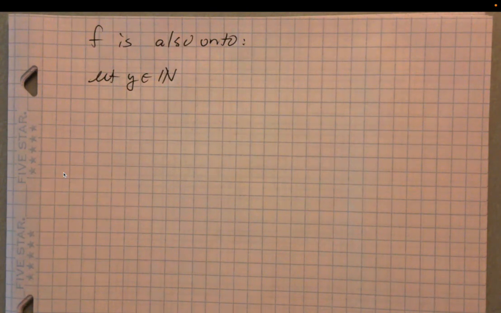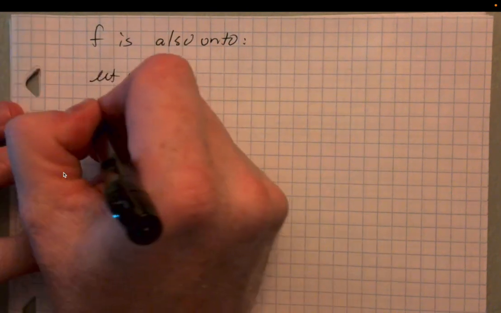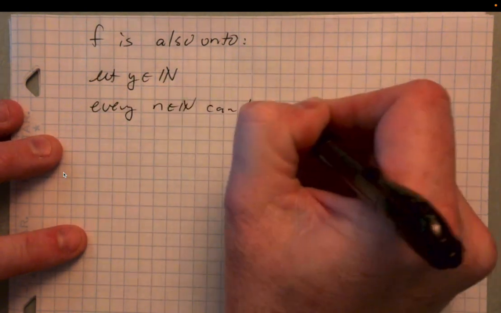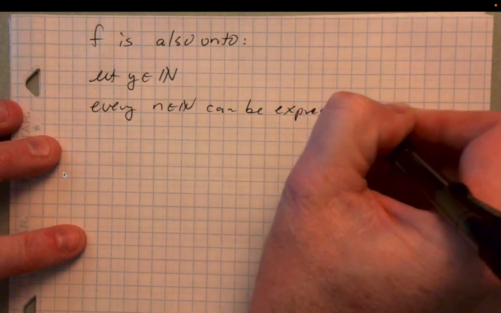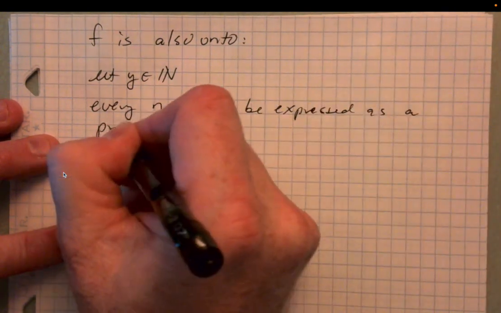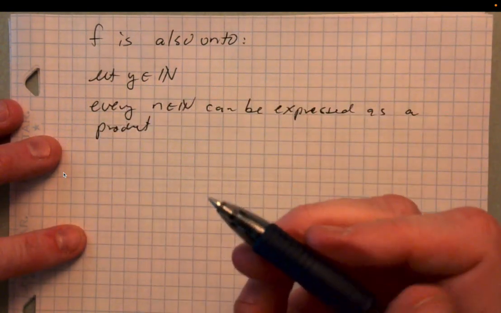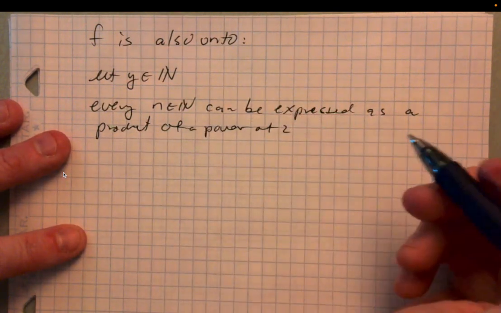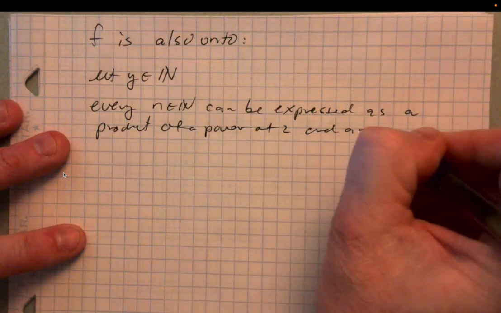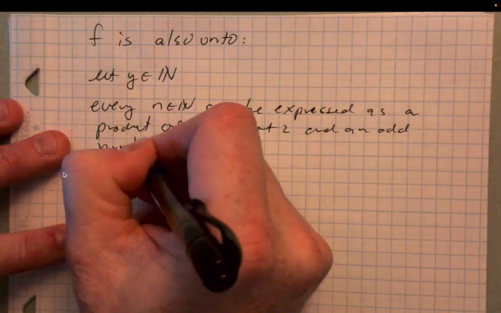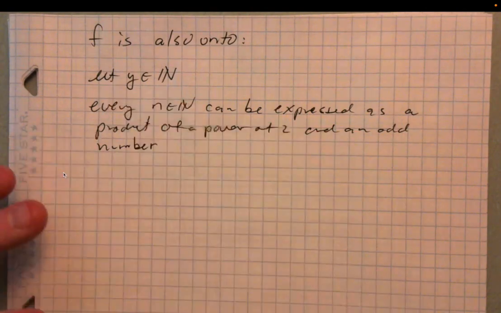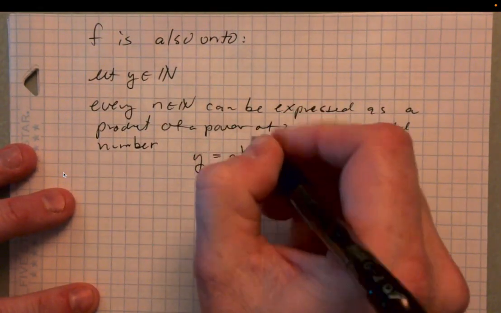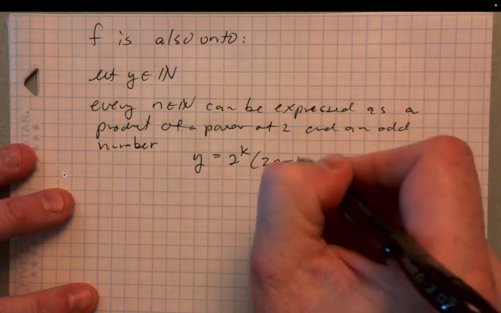This may be something you hadn't thought through. And by this I don't mean anything crazy, anything cryptic. What I mean is just this: y is equal to 2 to the k times 2p minus 1.